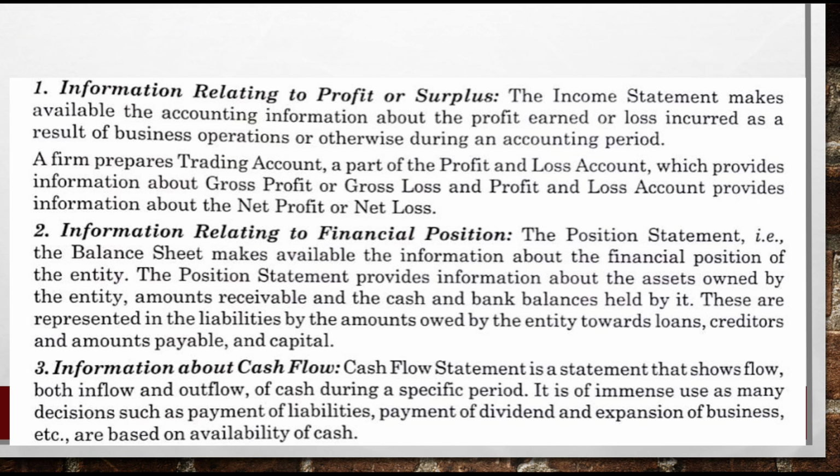So indirect income plus the gross profit, whatever it is, we add together, then deduct the indirect expenses, isn't it? Whatever you get is your net profit. If indirect expenses are more than indirect income, then definitely loss will occur. That loss is called net loss.